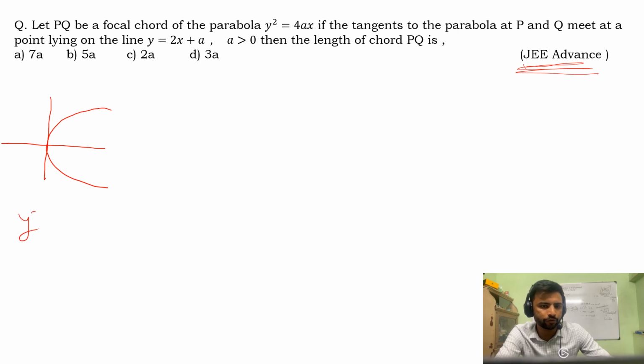So this is the given parabola, and we are also given that PQ is a focal chord. So let us assume that this is the focus.